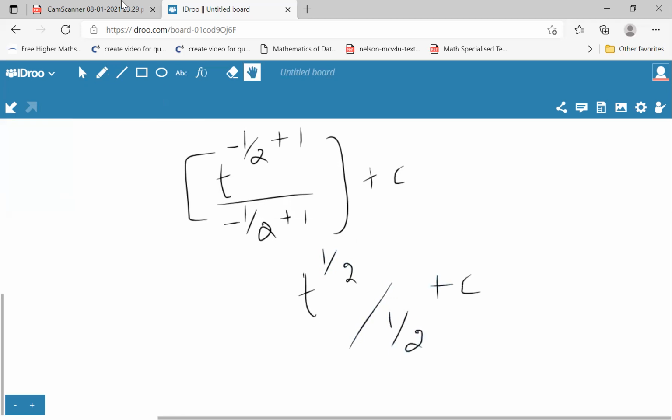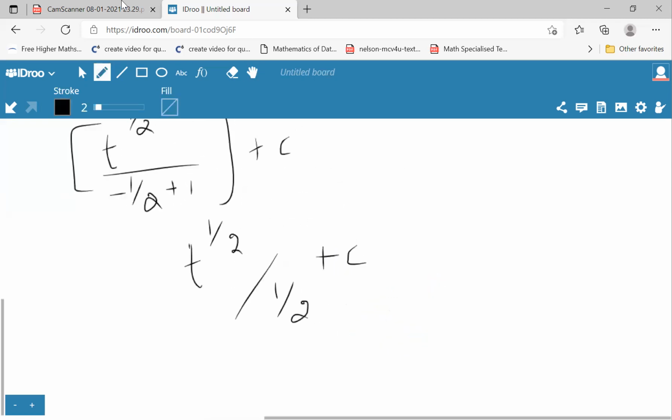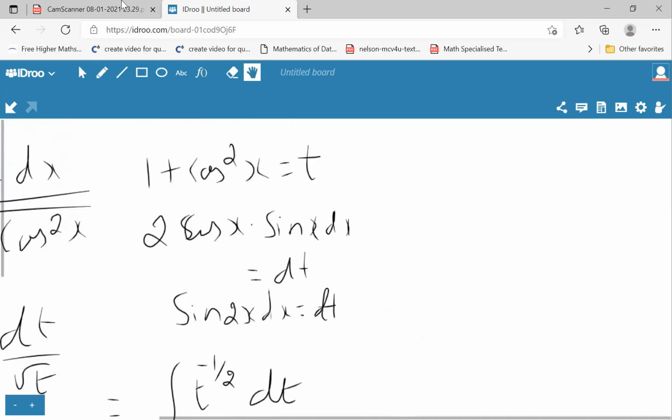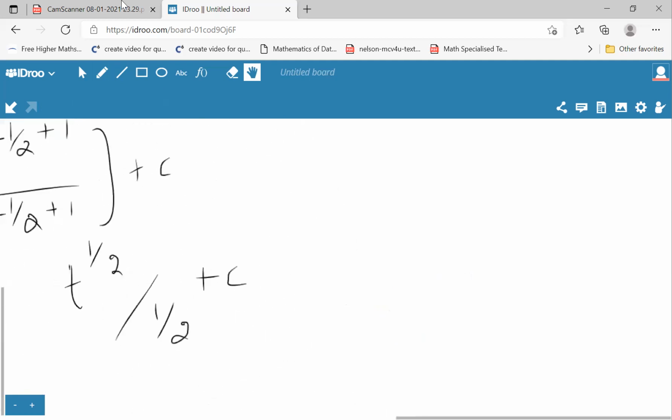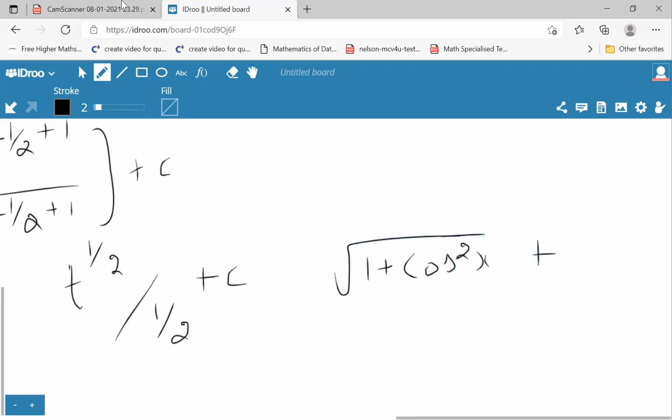Now substituting back for t, that gives you, what did we take t as? We took t as 1 plus cos squared x. So now that becomes root of 1 plus cos squared x plus c. So this half goes up. So it will become 2 root of 1 plus cos squared x plus c.